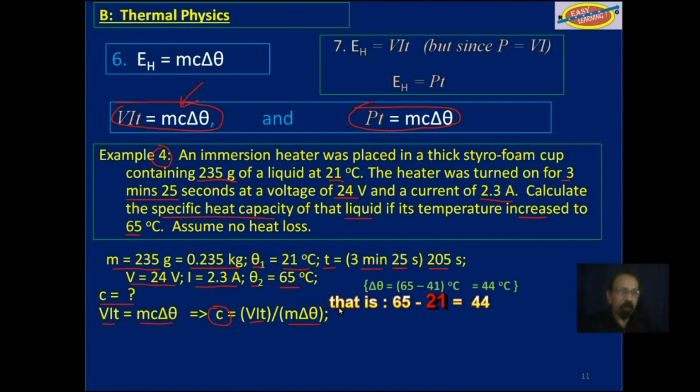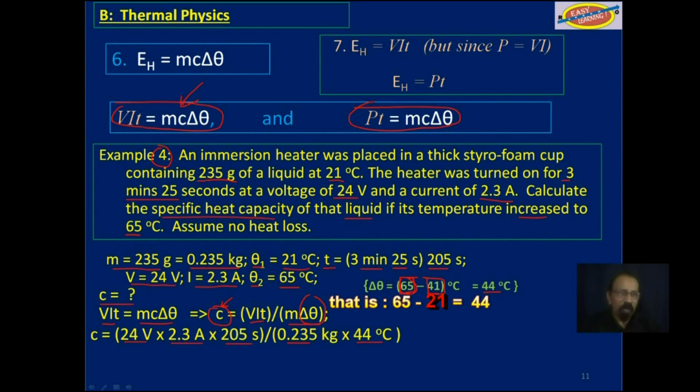And delta theta, by the way, if the original temperature was 21 and the final 65, the difference between those would be 44. And so we have everything on the right hand side of that C, and we can just substitute the voltage, the current, the time, the mass, and the change in temperature.